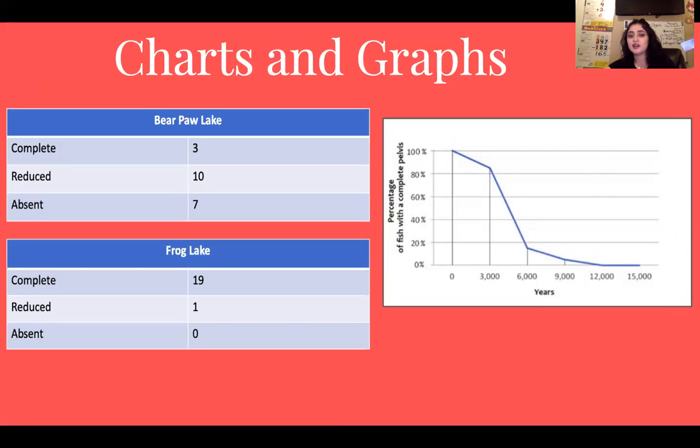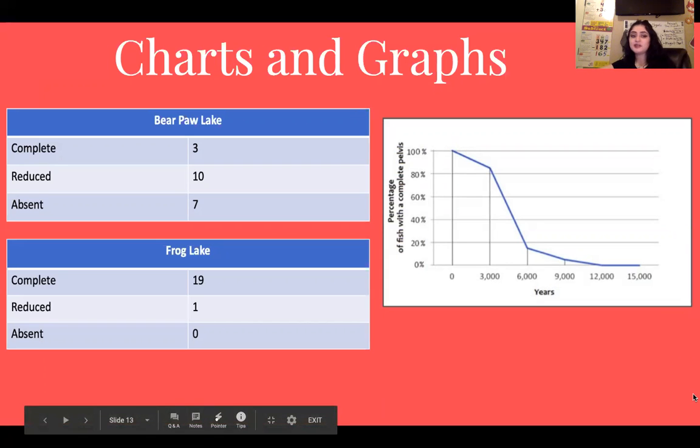And then in our other results, you can see in Bear Paw Lake that it had 3 complete, 10 reduced, 7 absent. And then in Frog Lake, we had 19 of the fish being complete and 1 reduced, which means basically all of them are complete.